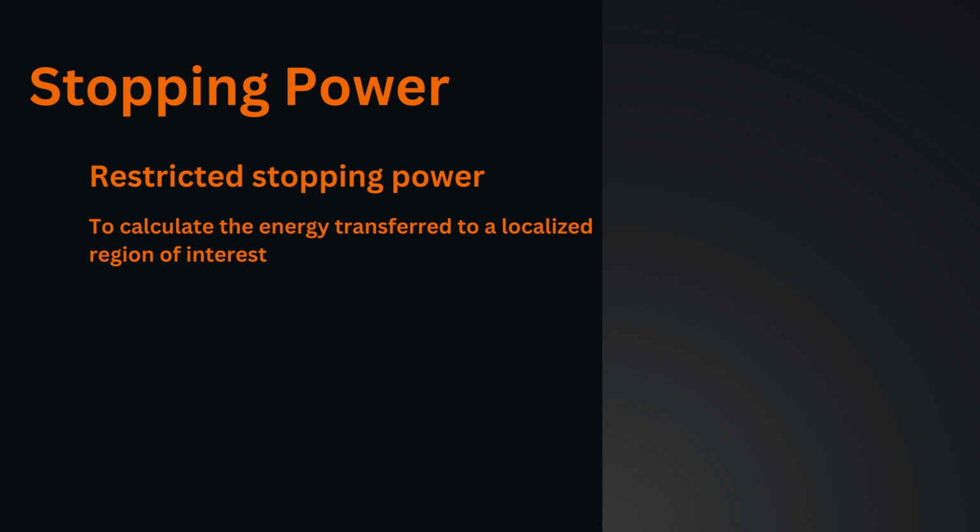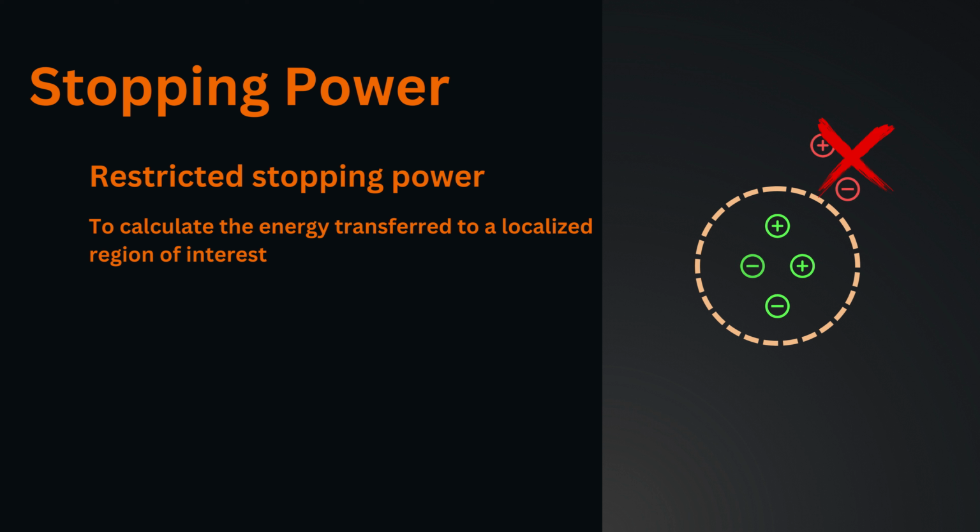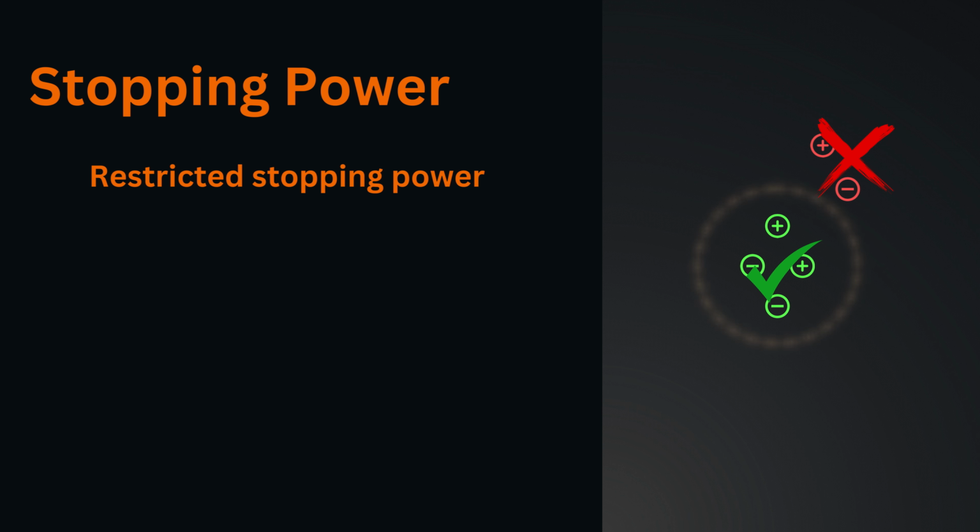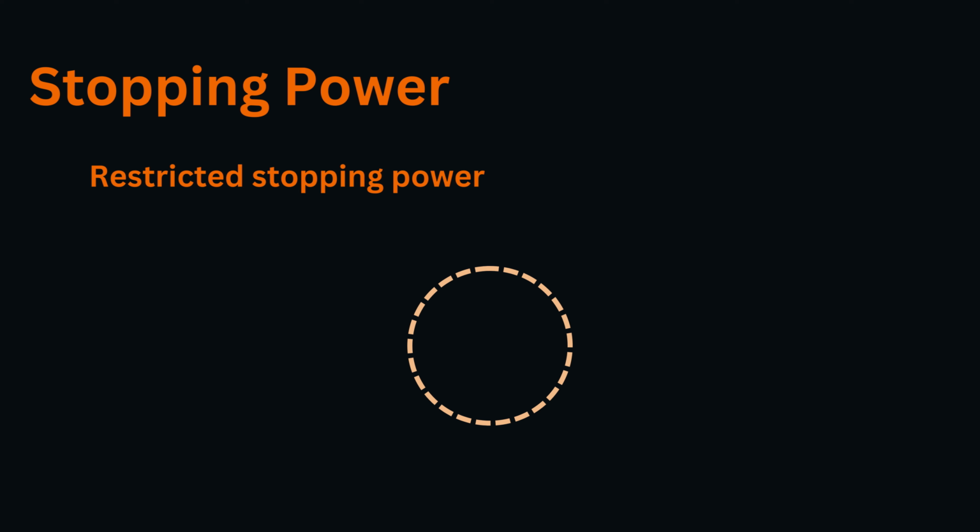For example, if we are concerned only with the dose, i.e. the energy transferred to the medium in a localized area, we will ignore any electron that escapes this area and dissipates its energy somewhere else. That means, if an electron transfers some of its energy within that localized area and a delta ray is generated, there is a threshold energy that, if exceeded, the delta ray will escape the area.